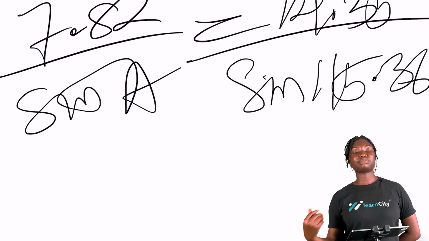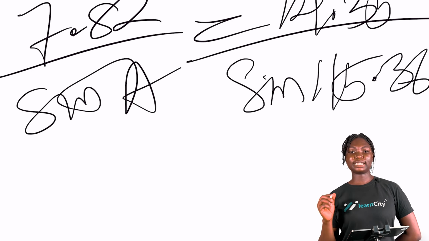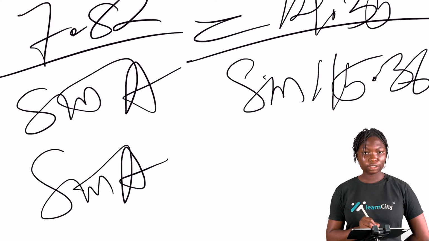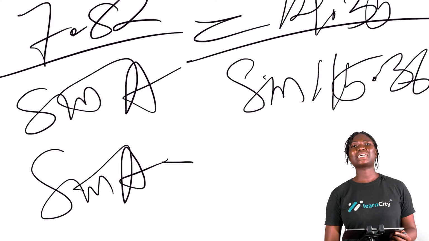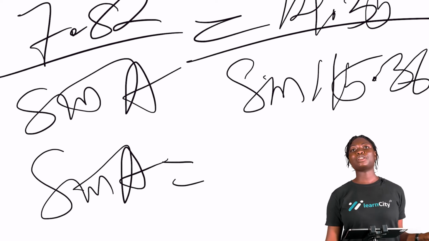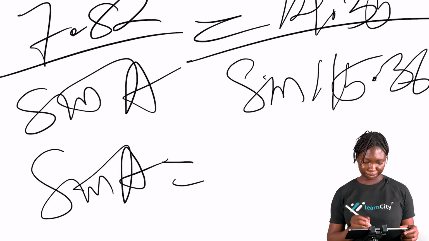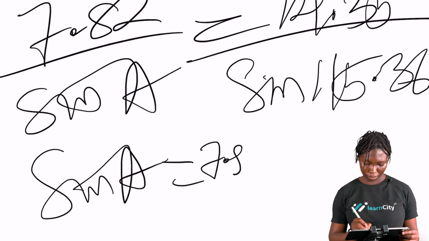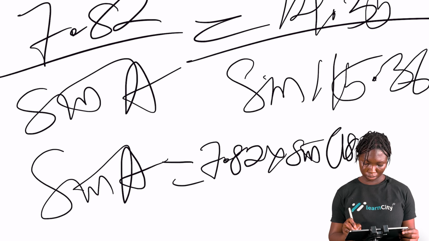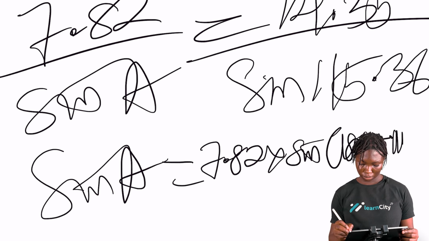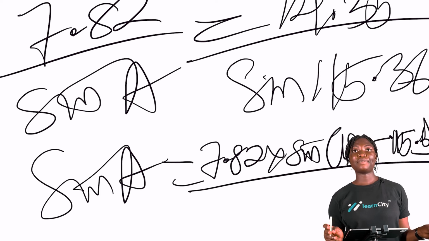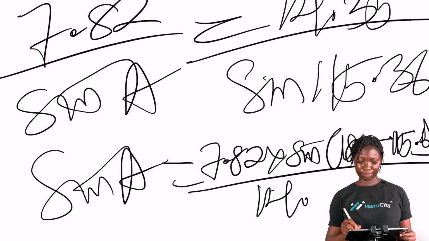So when we cross multiply by making A the subject of the formula, we have sine A to be equal to 7.82 times sine of 180 minus 115.6, over 14.35.